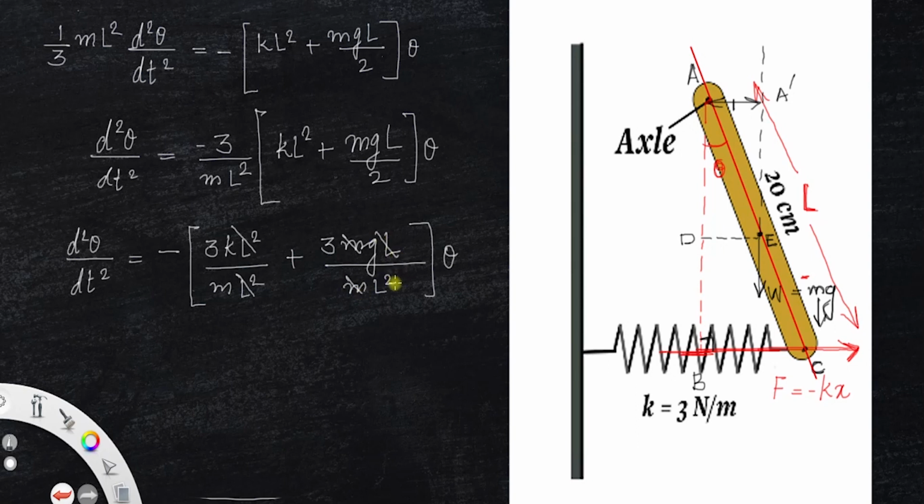One of the L will get cancelled. So you can write d square theta by dt square is equal to minus of 3k divided by m plus 3g divided by L. There's actually a 2 here, I forgot to write this 2, so there is a 2L, times theta.